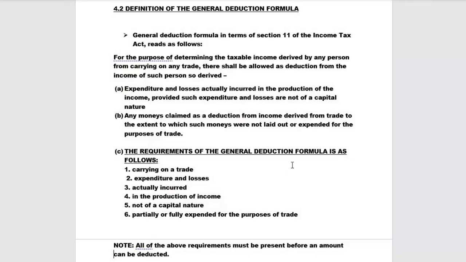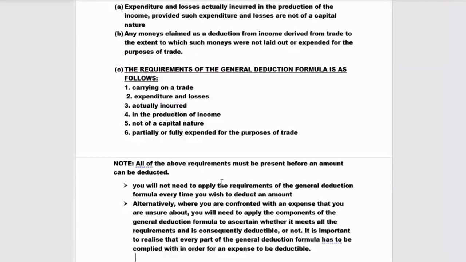So it says any money is claimed as a deduction from the income derived from trade to the extent to which such money was laid out or expended for the purpose of trade. So these are the requirements of the general deduction formula.